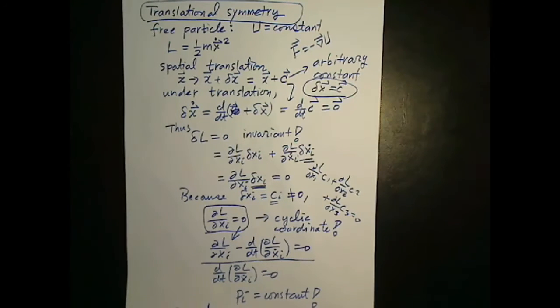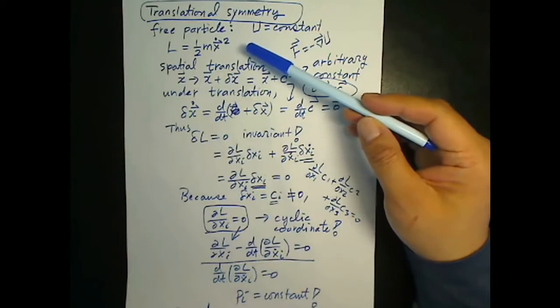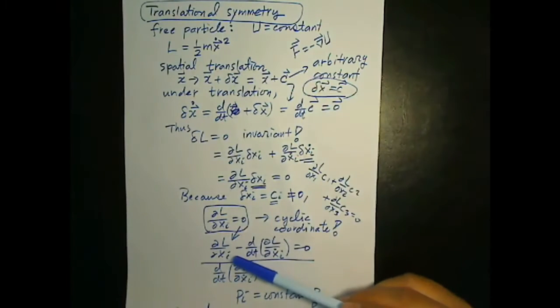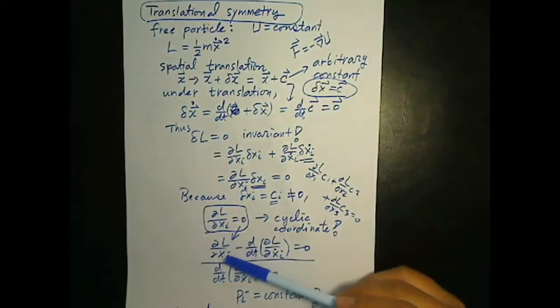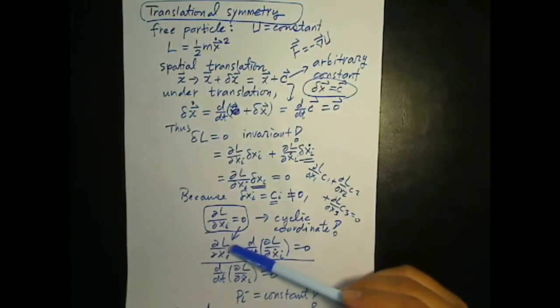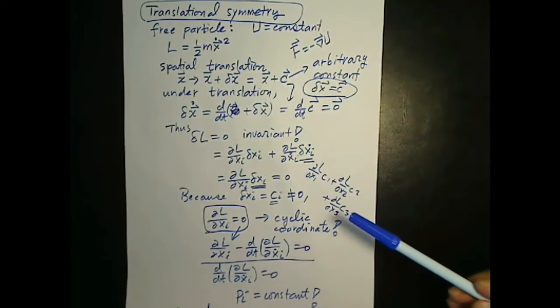So if I add any constant to the Lagrangian, it does not matter, because the Euler-Lagrange equation is related to derivatives of the Lagrangian. A constant piece in the Lagrangian does not contribute at all to the final equation of motion.